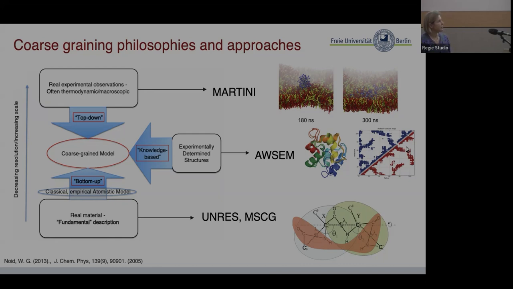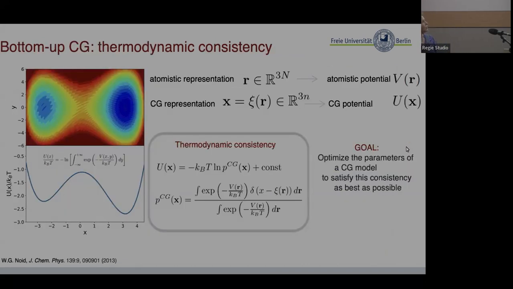Most popular is the Greg Voth MSCG multi-scale coarse graining approach. This has been well known for a while, and we decided to follow the bottom up. We also do some top down and we combine them, but today I'll talk about the bottom up mostly.